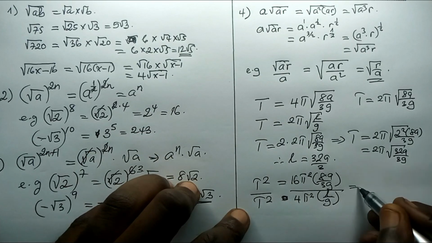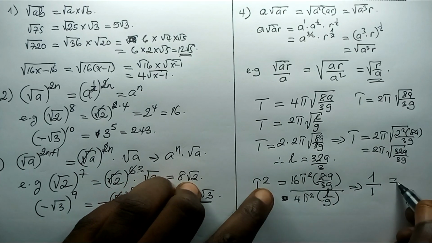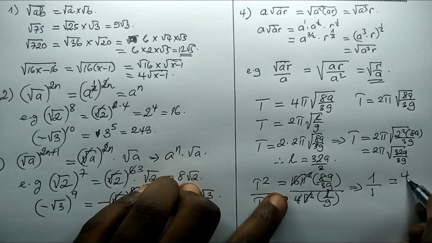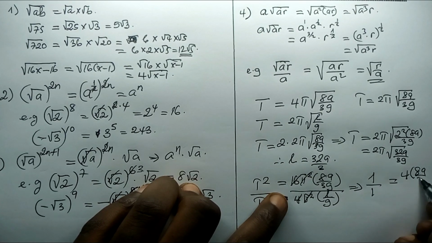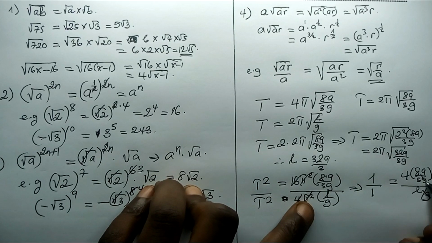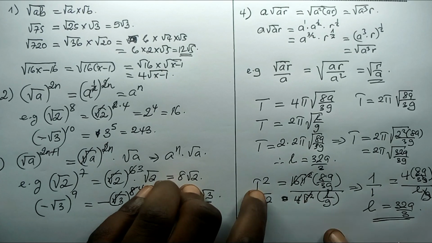And when I simplify, I get 1 all over 1 equals, cancelling here, I get 4 into 8a all over 3g all over L on g. The g cancels the g, and I'm just left with L being 4 times 8a all over 3, which is 32a all over 3. That's the normal solving situation.